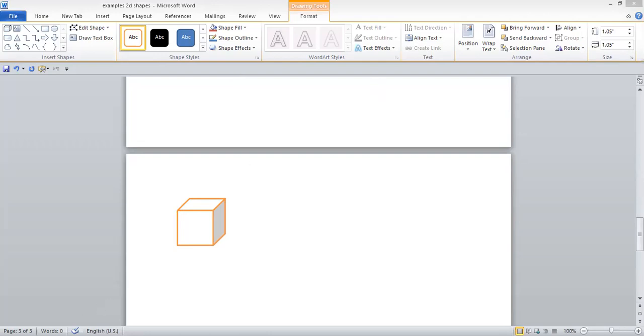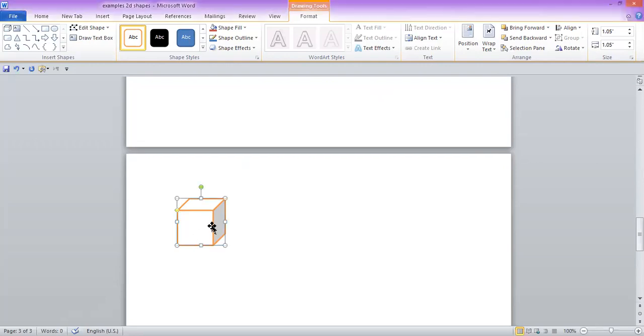Now you have to find out how many vertices, how many edges, and how many faces the cube has, right? So I tell you that a cube has six flat faces, and I also show you how a cube has six faces.